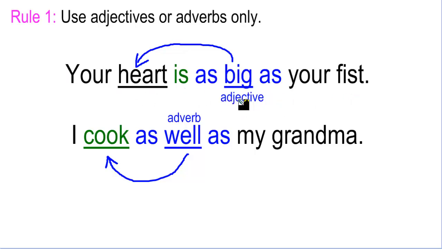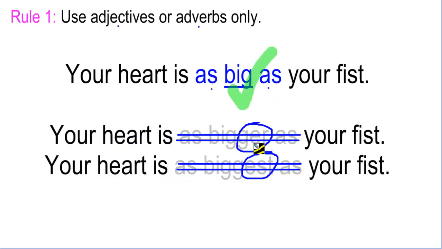In this case, big is an adjective that is describing your heart. I cook as well as my grandma. This adverb here is modifying the verb. So remember, please, you can use the comparison with as, with an adjective or with an adverb, but never use the comparative or the superlative form. Only the original adjective as it was.